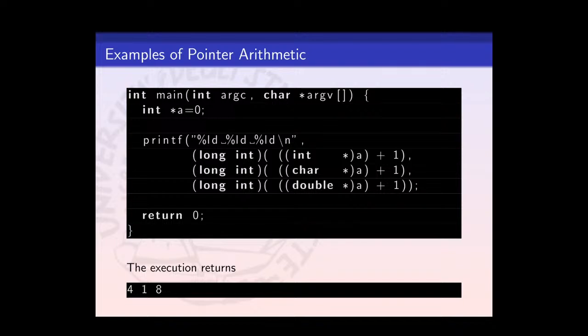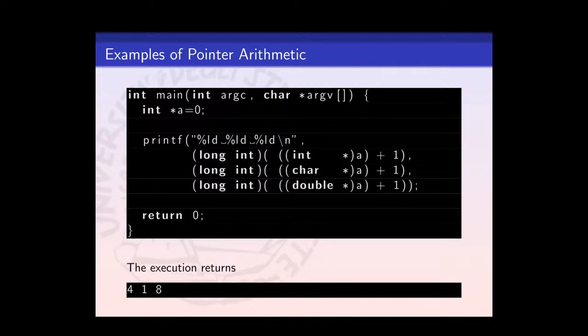Now it's pointing to a character instead of an integer value. And in the third line, by applying a typecast, I'm changing the meaning of the value stored in a. It's no more a pointer to integer, it's a pointer to double, which is another data type.